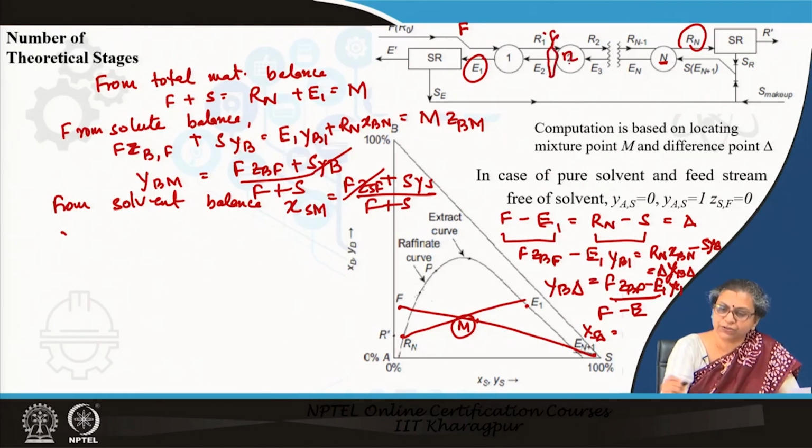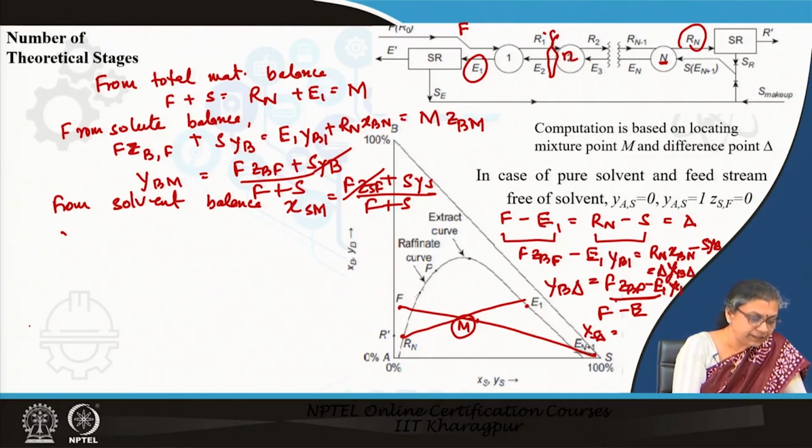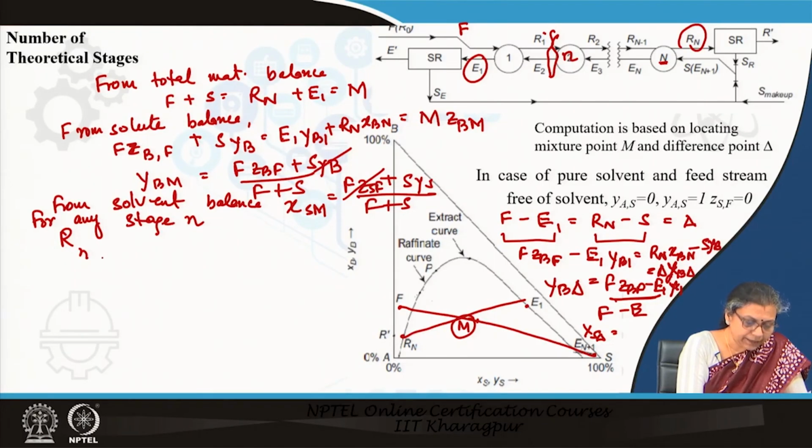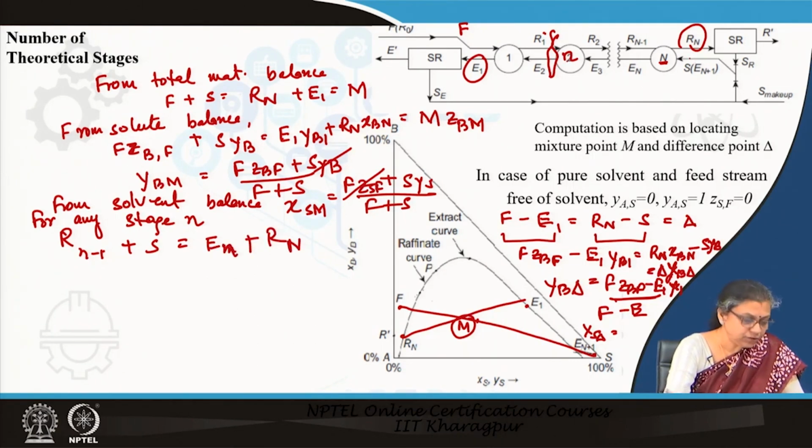For any stage n, what do we find? Rn minus 1 is entering plus S equals En plus Rn, when we are writing right from stage n to the last stage, and this is equal to delta. So, from here also what do we get?